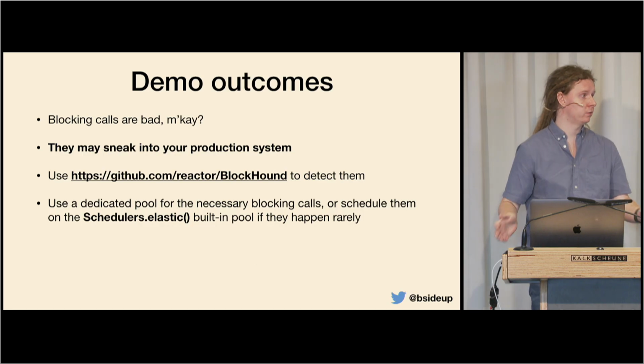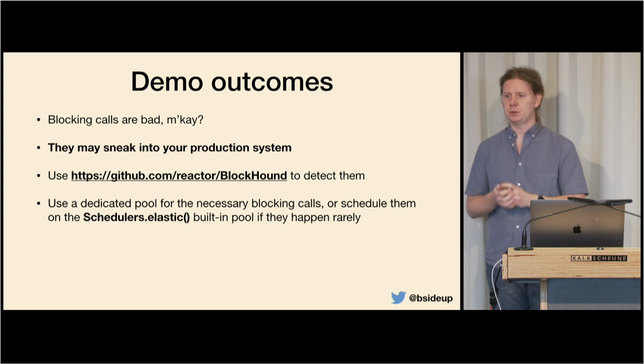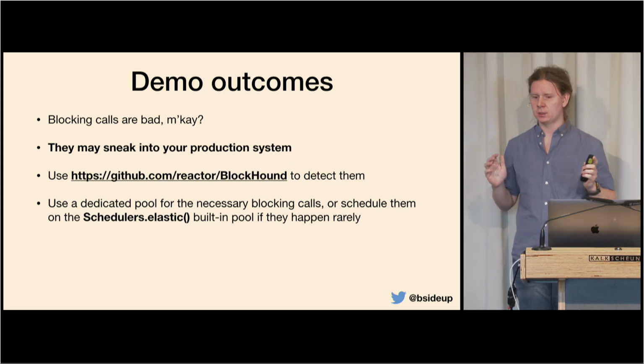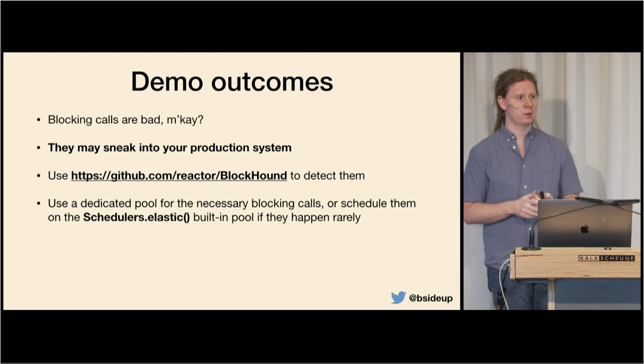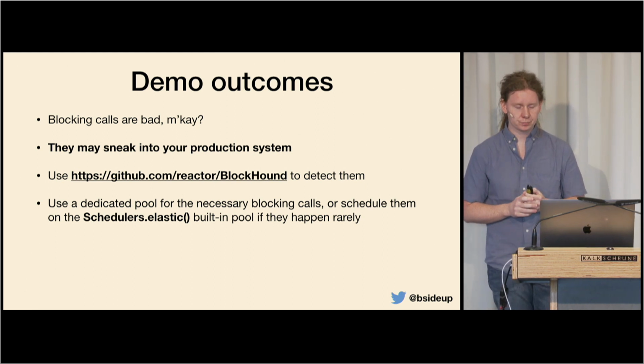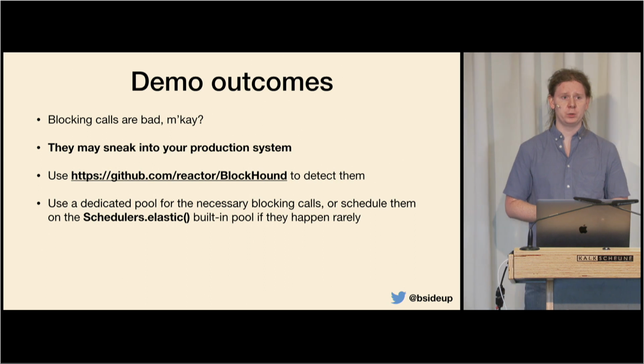So, the outcomes. First of all, please do not block non-blocking threads. It's really important, and it applies not only to Java, also to Node.js, to Python, to any other language we have, where we have non-blocking expectations. Things will get better with Project Loom.